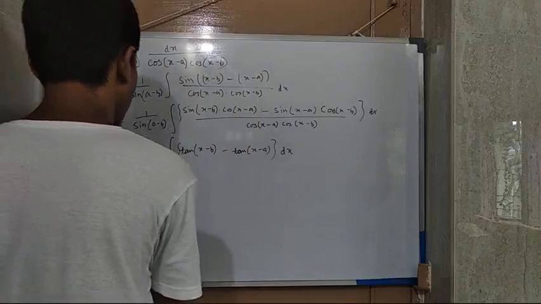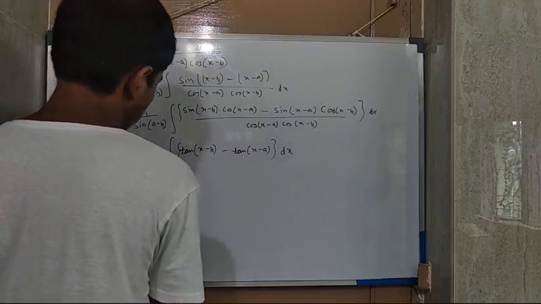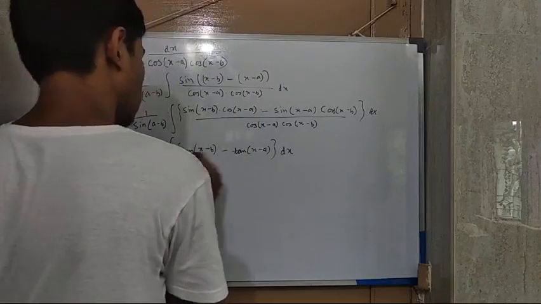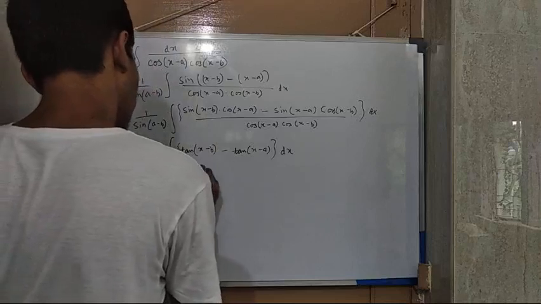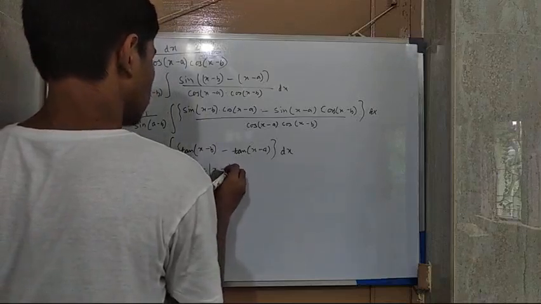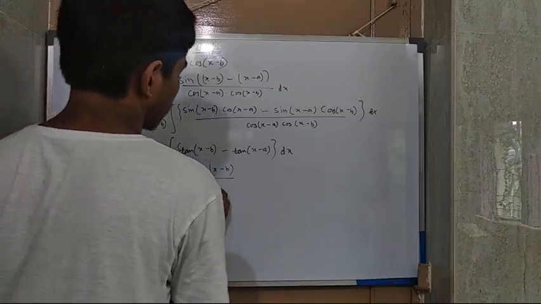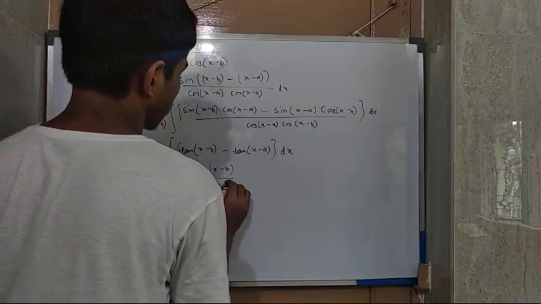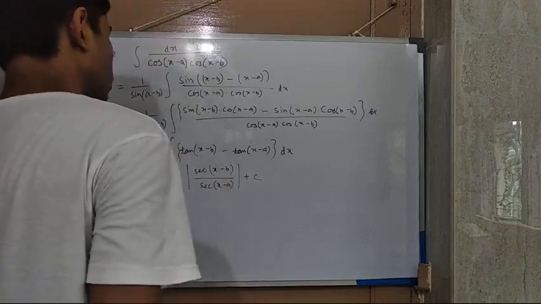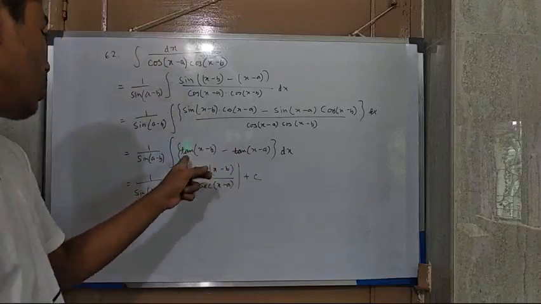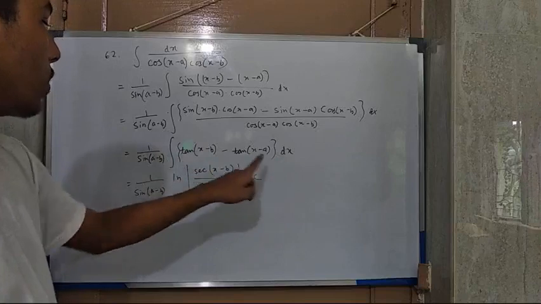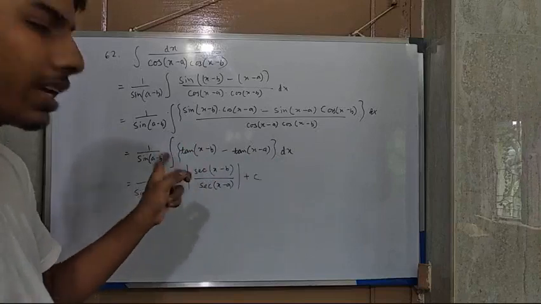This is going to be ln of sec(x minus b) minus ln of sec(x minus a), because the integral of tan(x minus b) dx gives ln of sec(x minus b).